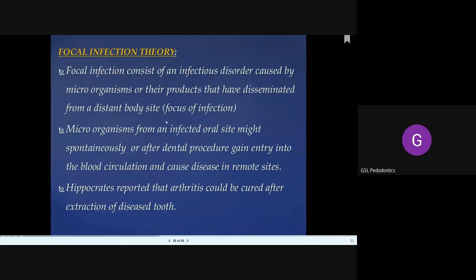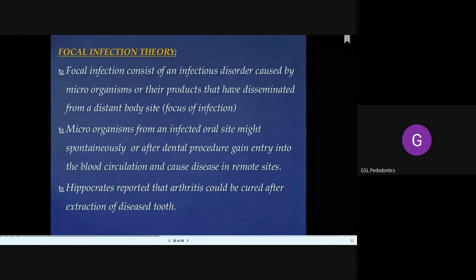From this focus, the bacteria and the bacterial byproducts spread into all the parts where they will give you the focal infection. For example, the microorganisms from an infected oral site, that is from the focus of infection, might, spontaneously or after some dental procedure, again enter the blood circulation and cause the disease, which is nothing but the focal infection.